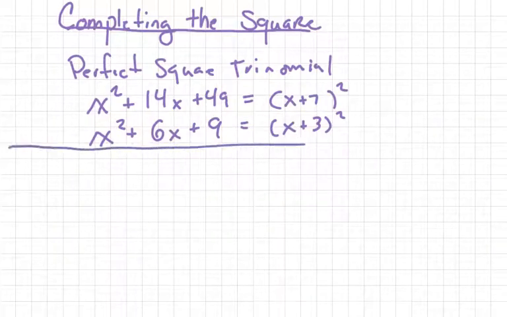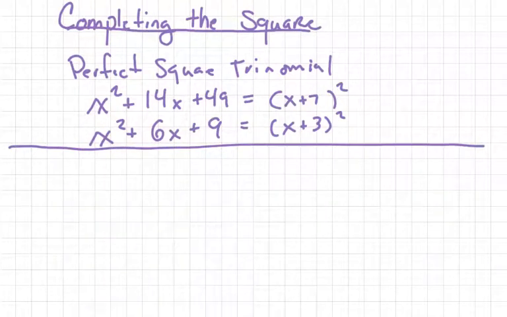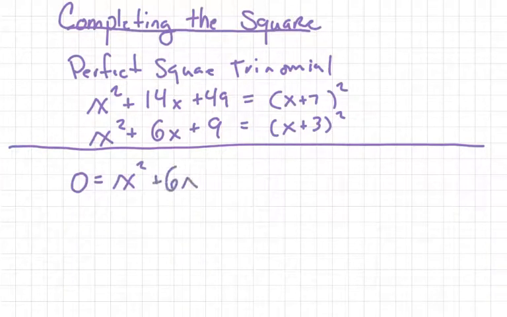Okay, so let's take an example. We'll set it equal to 0: 0 is equal to x squared plus 6x plus 1. You cannot solve this using the AC method or guessing and checking.